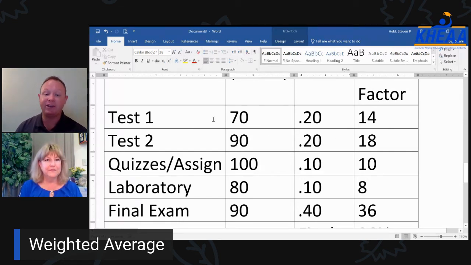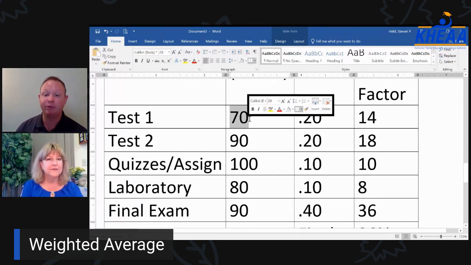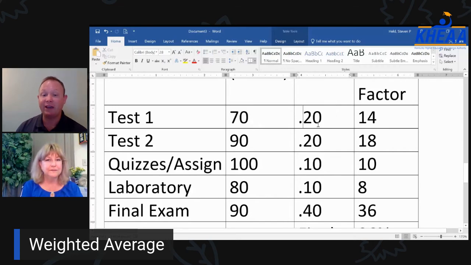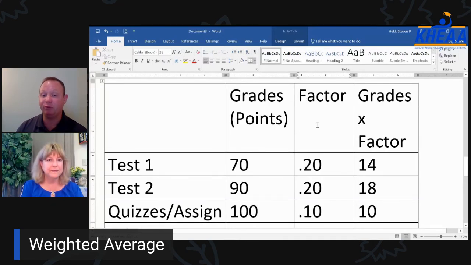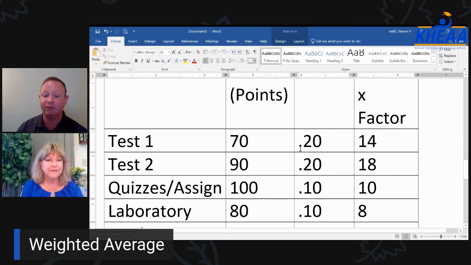So if we got a 70% on the first exam and the weighted factor, remember, it was weighted 20% of the final grade, so our factor is 0.20. If we multiply that, that's 14 points towards the final grade.